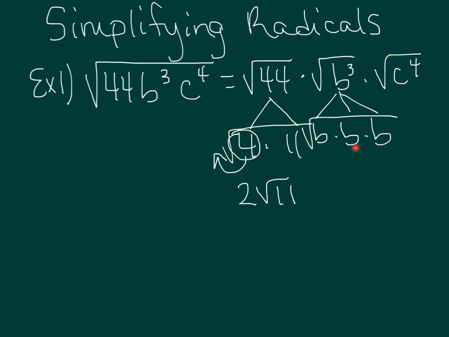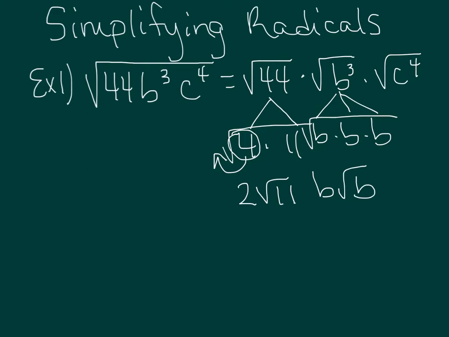So technically you're looking for pairs of letters or numbers, and each pair, because it's square root, can come out as a single. So again, b squared is sitting right here, and so it's going to come outside as b. But this b is left inside because it doesn't have a partner. So this would be b root b if I were just simplifying the second portion.